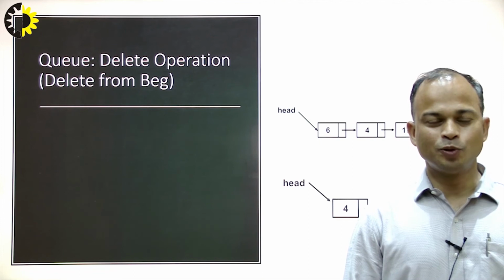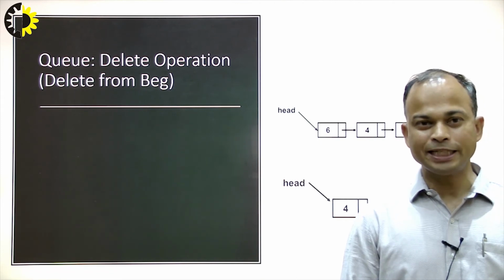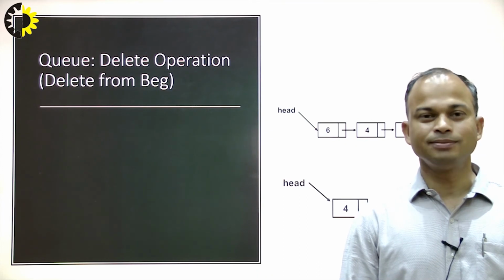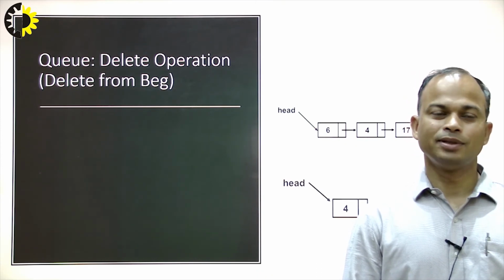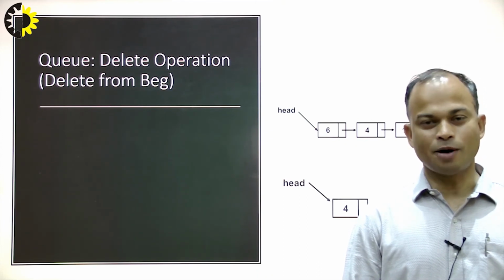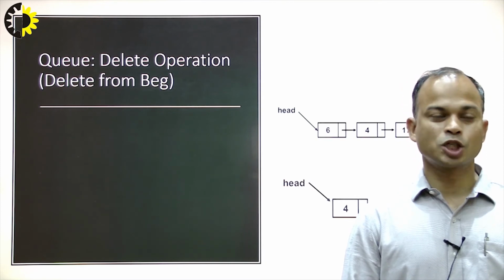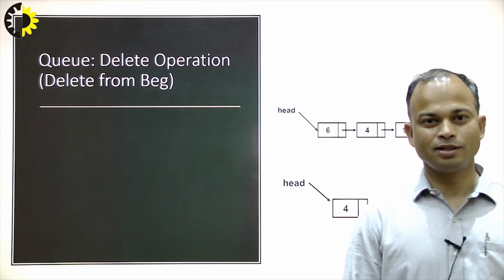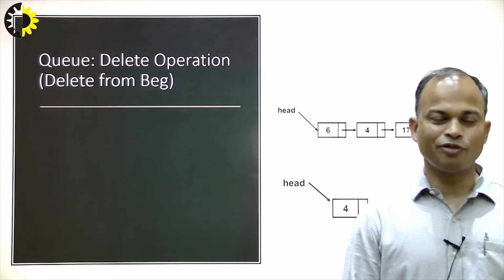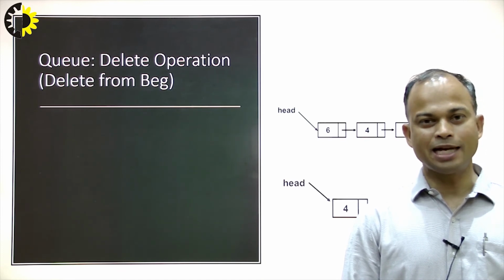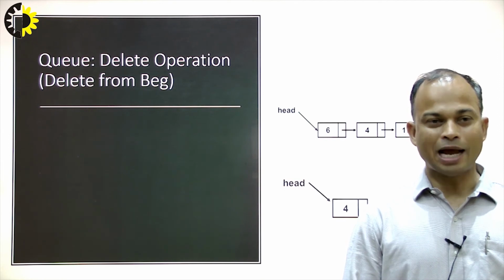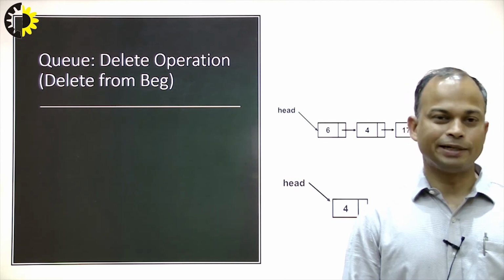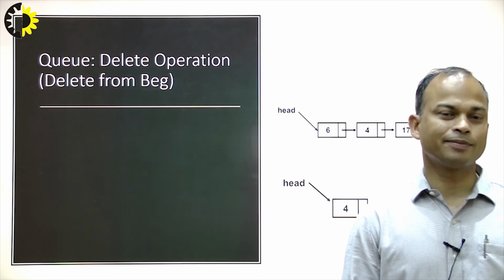So we have to make proper equivalency. If we talk about the stack implementation, then head is equivalent to top, because top always points to the last inserted node, and the same job we are doing through the head.